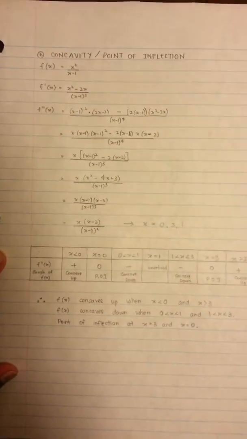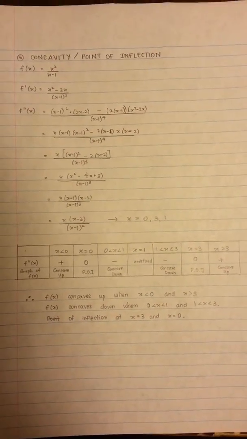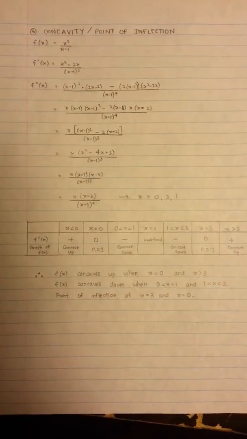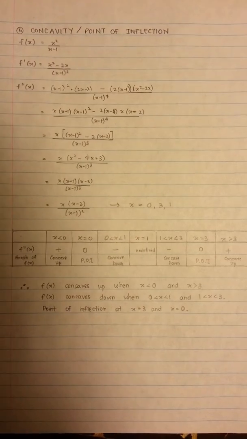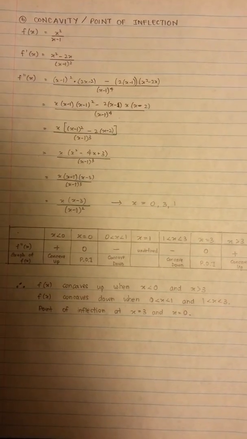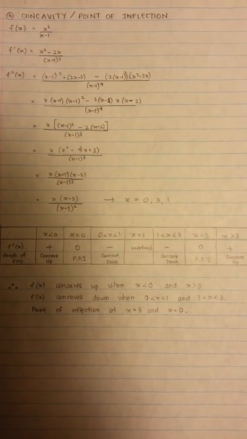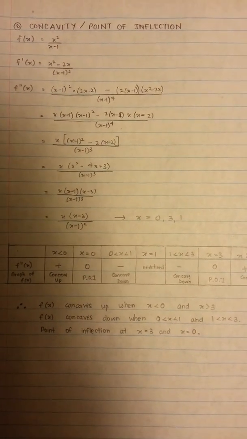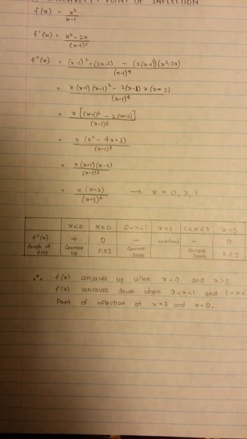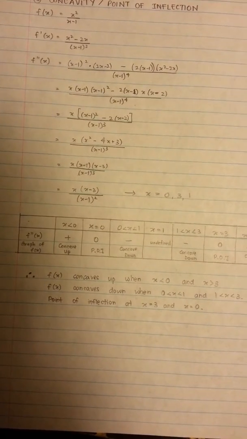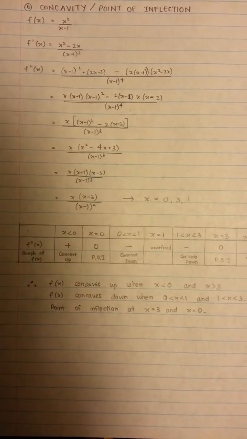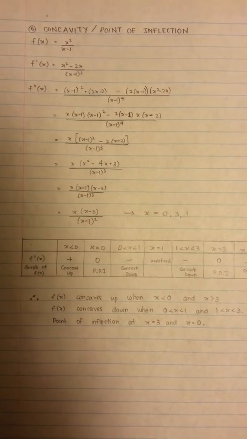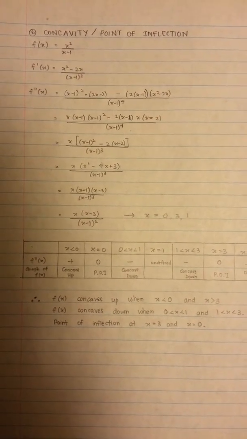Now to find the concavity, or the points of inflection, I would have to find the second derivative of the original function, or just the derivative of f'(x). And again, when I use the quotient rule, I found that the second derivative of the function is equal to x multiplied by (x minus 3) over (x minus 1) squared.